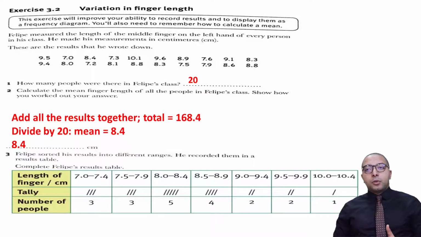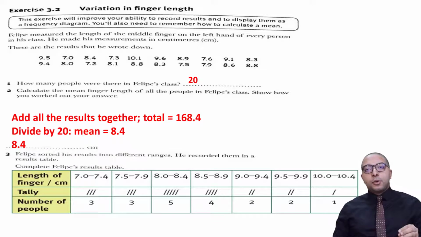From 8 to 8.4, we have 5 strokes, so we have 5 people. From 8.5 to 8.9, we have 4 strokes, so we have 4 people. 9 to 9.4, we have 2 strokes, then we have 2 people. 9.5 to 9.9, we have 2 strokes, and we have 2 people. From 10 to 10.4, we have 1 stroke, then we have 1 person.